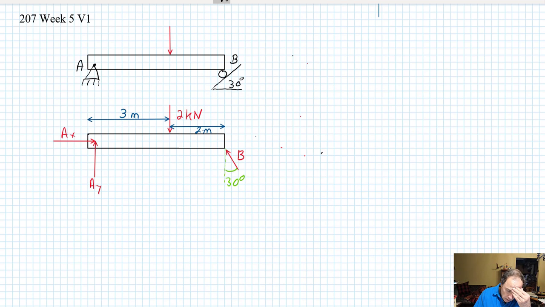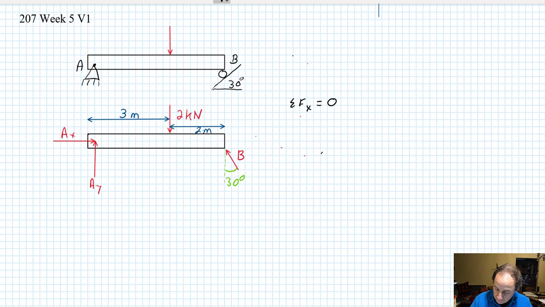Now, this force is a vector. Vectors have direction and they have magnitude. We're given the direction. So the only thing we don't have is its magnitude. So we can break it into components to figure that out. So let's start working on that. Let's sum our forces in the x direction. And we know that has to equal 0 because this has got to be a static situation. All right.